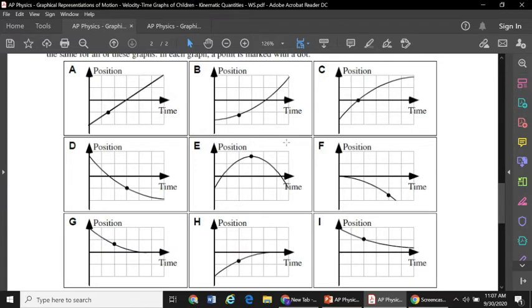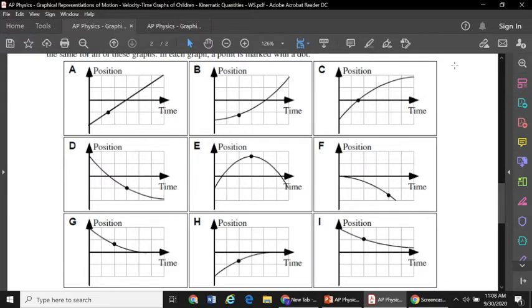If you remember in the video the other day, I was talking about using the idea of the tangent line. To determine the value of the slope at any particular point for a graph that is curved, you sketch in the tangent line and then you take a look at it.